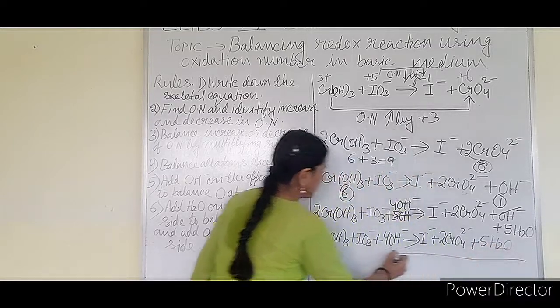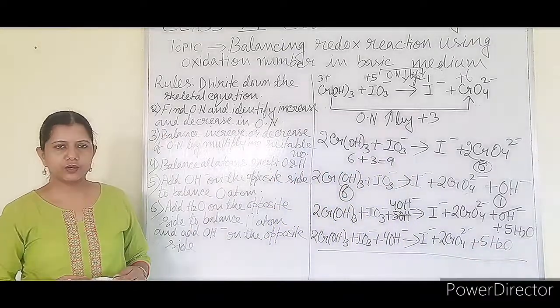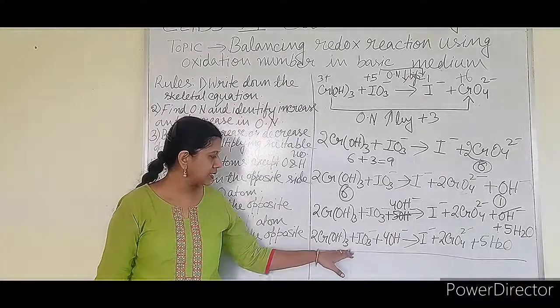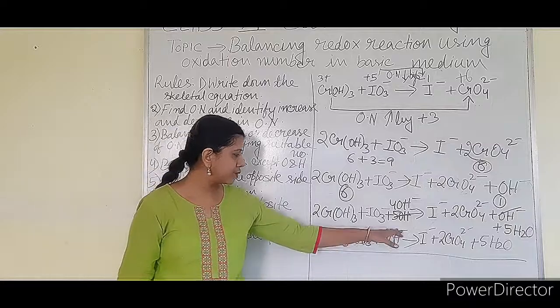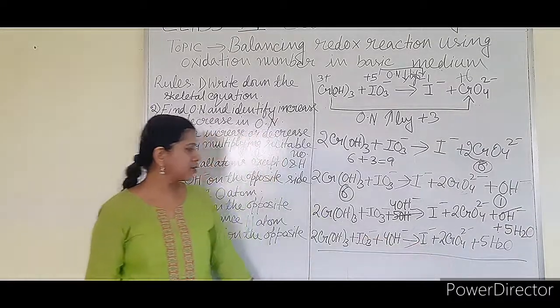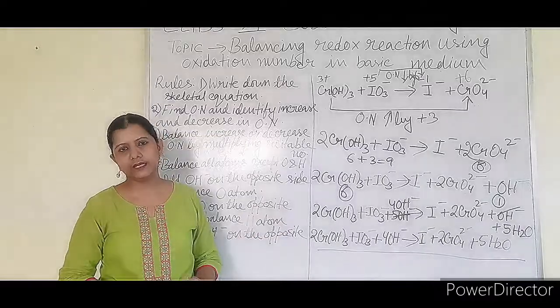This is the final equation. Okay, so the final equation is 2 Cr(OH)3 plus IO3 negative plus 4 OH negative, and the product is I negative plus 2 CrO4 2 negative plus 5 H2O.